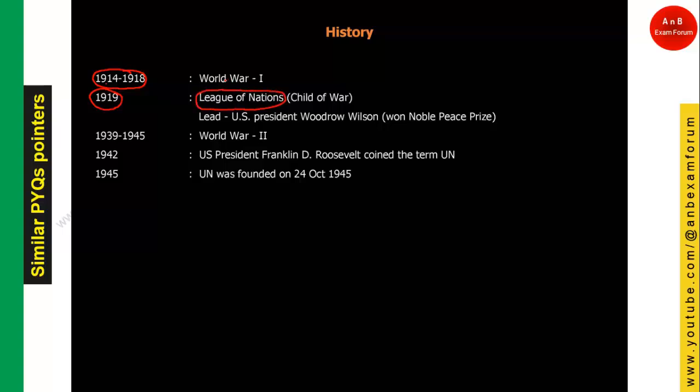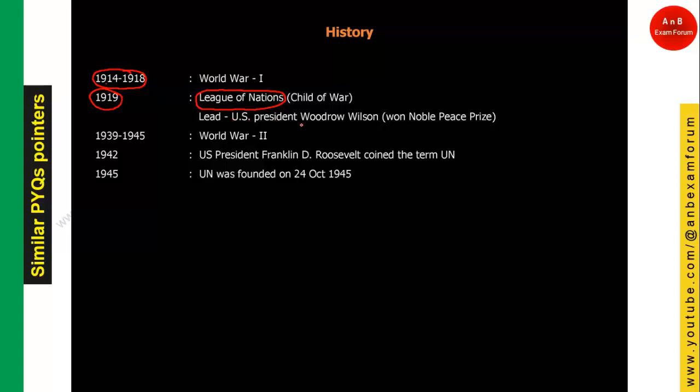Just after World War One, US President Woodrow Wilson led the League of Nations. For what? For basically cooperation, international peace and security. These are the main objectives of the League of Nations.